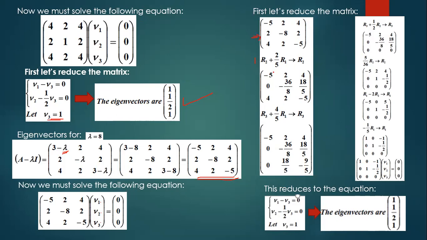Step 1, reduce R2 plus 2 over 5 R1 implies R2. In the place of R2, we can substitute this value. Again, R3 plus 4 over 5 R1 in the place of R3. This is the second step. And then this is the third step. This is the fourth.